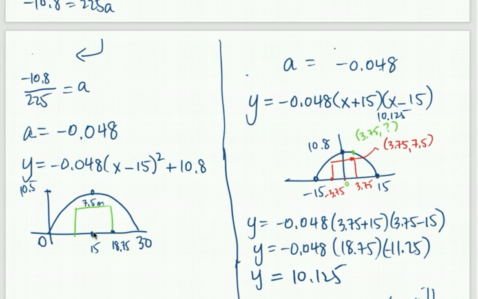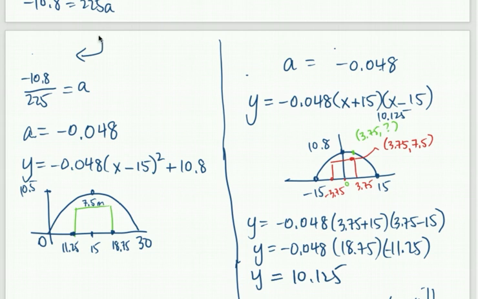Okay, right there. So the truck corner here is 18.75. And then again, if you wanted to figure out where this was, you're going to subtract 3.75, which is 11.25. Okay, so there's the truck. It's going to pass through at 11.25 on this point here, at 18.75 on this point here.